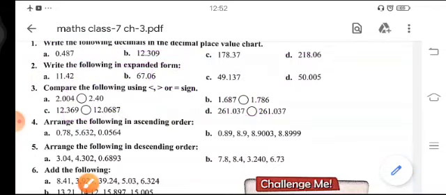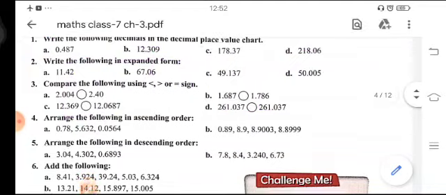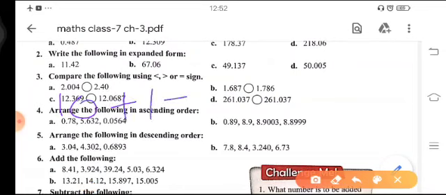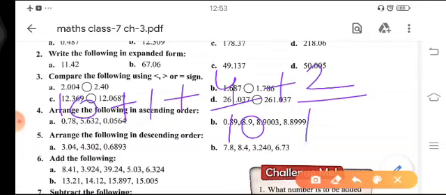Similarly, you can solve the other questions, like how to write in expanded form. As I told you, you can take the help of the place value chart. For 11.42, how do you write it in expanded form? It is 10 plus 1 plus 4 upon 10, because 4 is at the tenths place, plus 2 upon 100, because 2 is at the hundredths place.